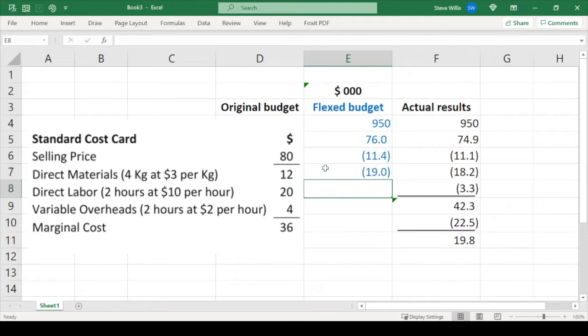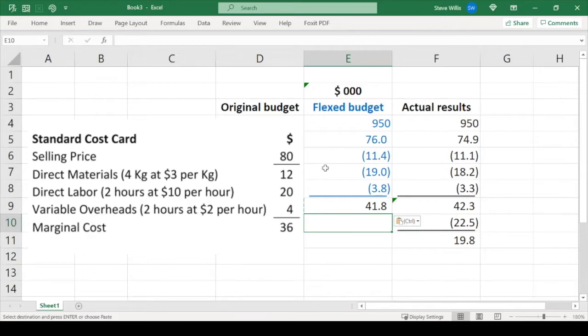Yes, friends, I know I could be using formulas and functions and absolute cell references, but I'm not. That is equal to 950 multiplied by a -4 divided by 1,000. There we go. Let's copy that contribution formula over there.